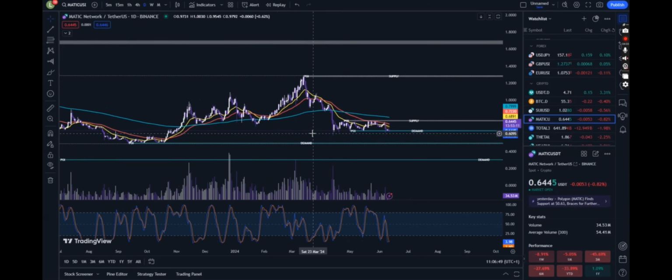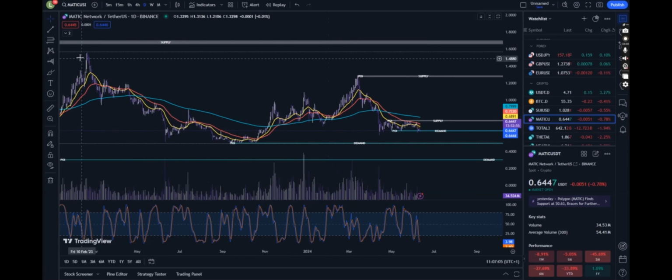See, that's why in crypto, market structure is harder than normal market structure, like on a normal coin. It's genuinely not the same. You've got market structure here, where it's creating a downtrend.